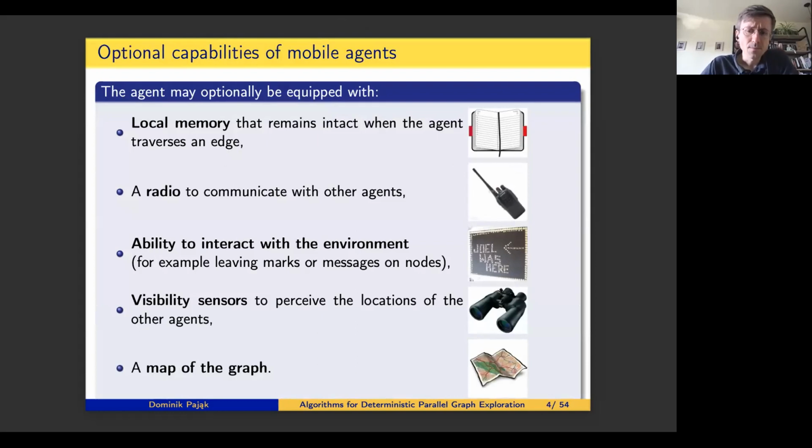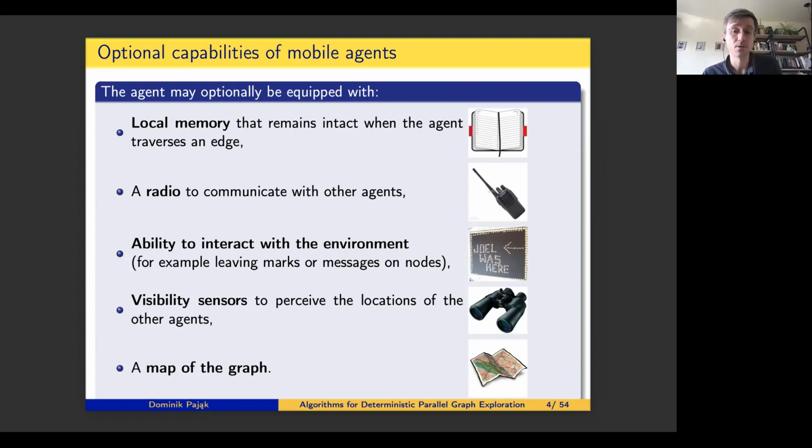And people study a lot of various models of these agents, and they typically vary with the features of the agent. So the agents very often, and it's actually one of the most important features, have some memory, some local information that they can store or remember. For example, when they visit a node, they can remember its degree, the number of neighbors this node has, so the number of outgoing edges from this node.